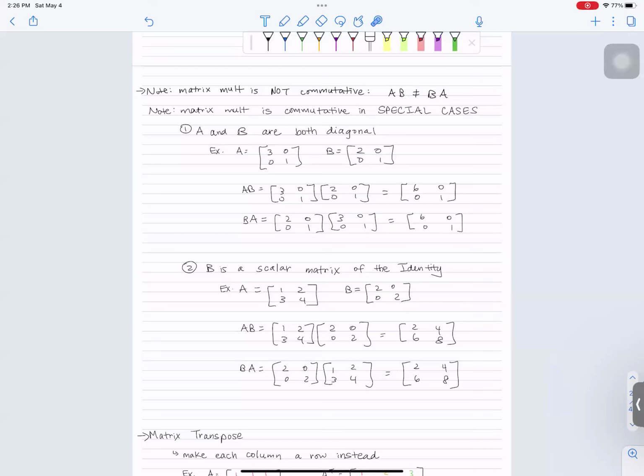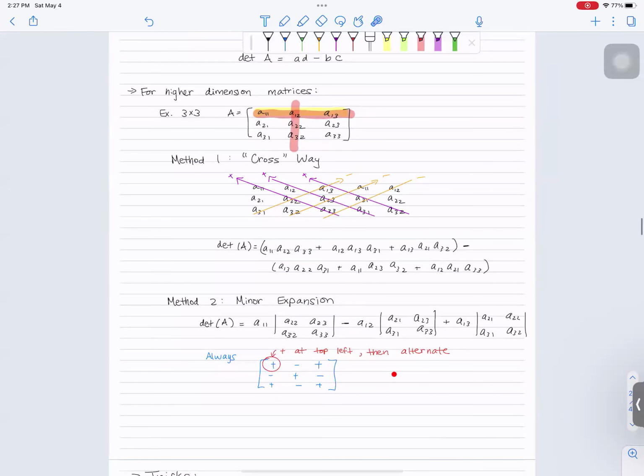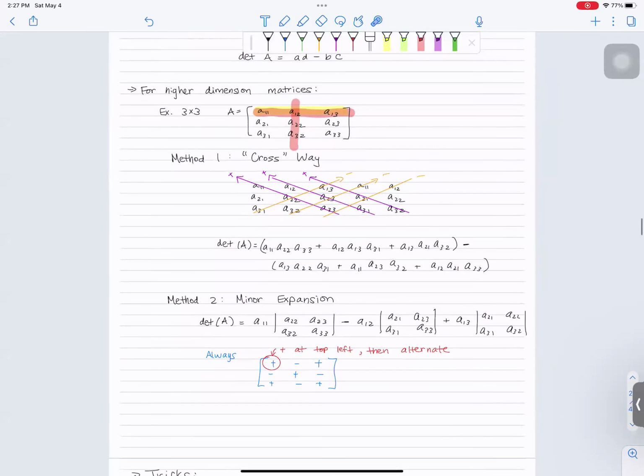For example, here I chose the first row. I did A11 times, I cross out the remaining stuff and I'm left with this 2 by 2 matrix, which is here. Then minus, remember the signs alternate, minus A12, and then I imagine crossing out that row and column, and I'm left with this 2 by 2 matrix here, and so on. And later on, we learned the row reduction way, which I'll also go over later.